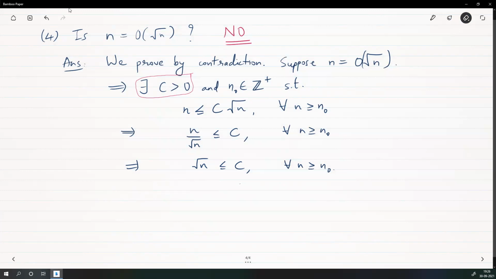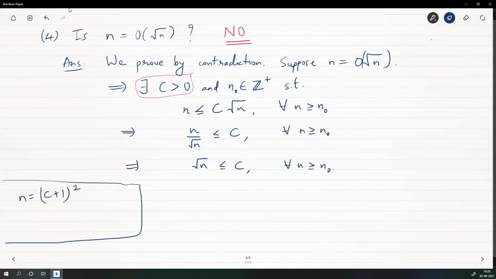Let me do a small rough work before I write down the final. If I choose n equal to c plus 1 squared, then this will give me square root n equal to c plus 1, and that is not less than or equal to c. That's a contradiction.